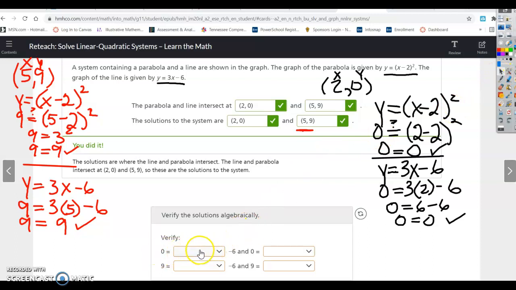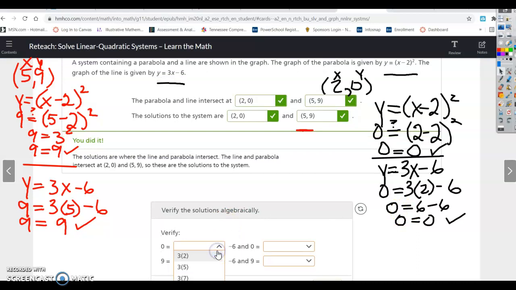So it says 0 equals something minus 6. You can see that comes from the second equation here. So 0 equals 3 times 2 minus 6. And then our other equation was (2 minus 2) squared.